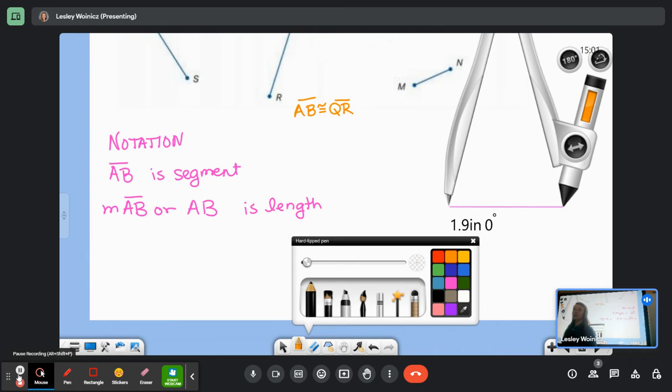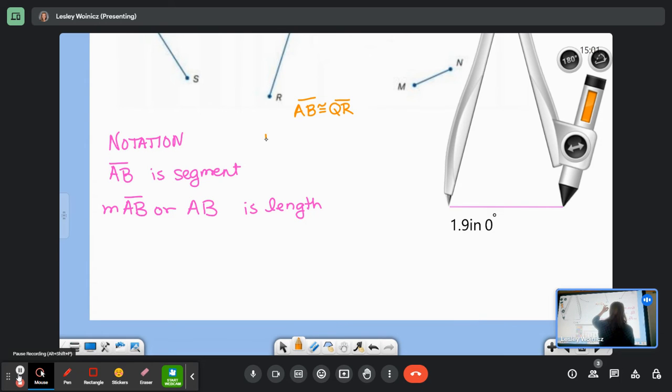Their lengths are the same. So I can say that the measure of AB is equal to the measure of QR, right? The figures are congruent, the measures are equal. Does everybody see that? Okay. Cool.